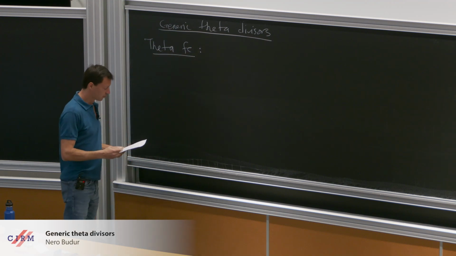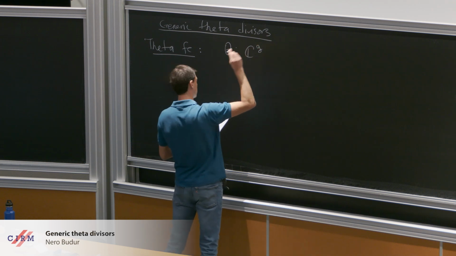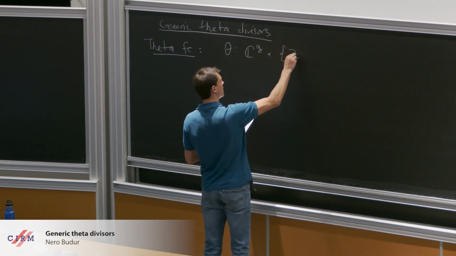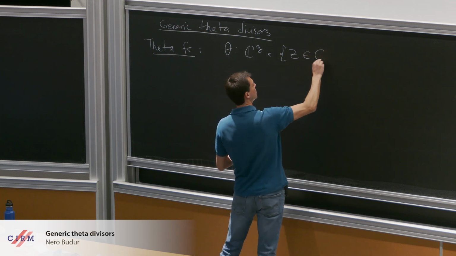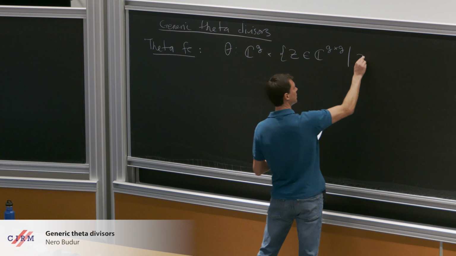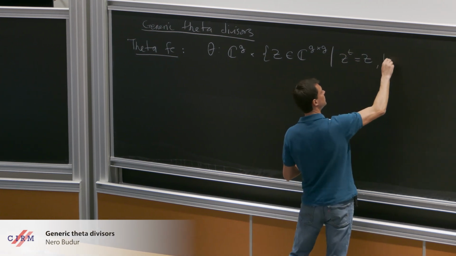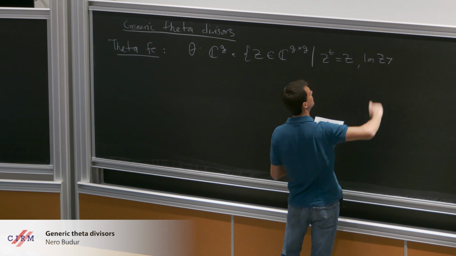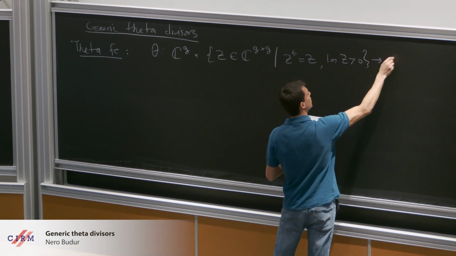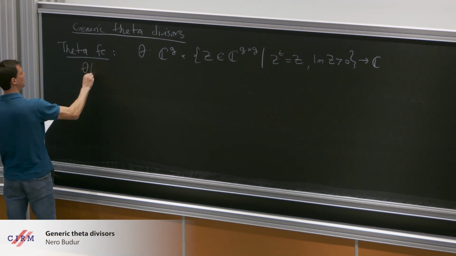The theta function, what is the theta function? It's a function on C^g times the space of square matrices, g by g, symmetric and positive definite, the imaginary part is positive definite, to the complex numbers, defined as follows.